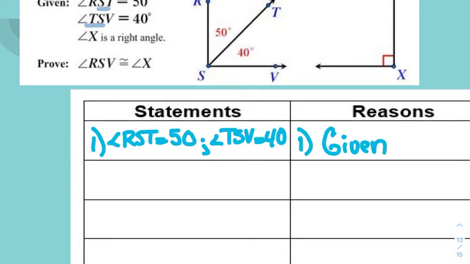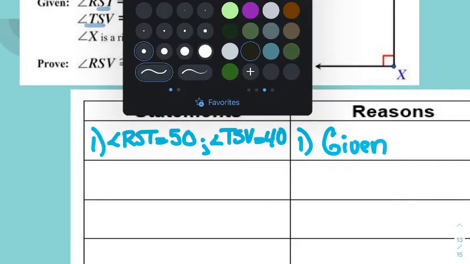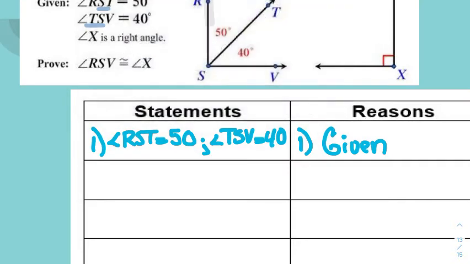All right, so let's think about it. How can we bring the angles together to equal 90? So let's just think about that for a second. We've already talked about how ST is an adjacent side, and it's also given in the image. So probably we could look at angle RSV. Let's try that.